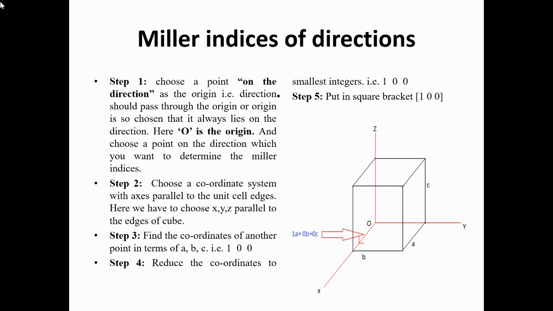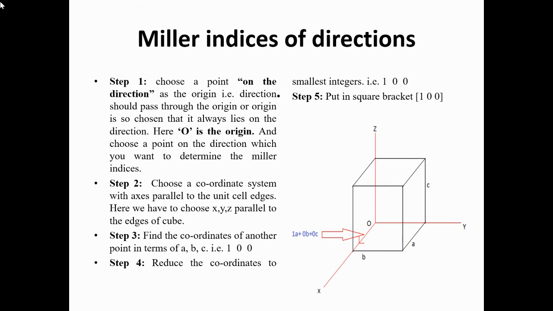So 1, 0, 0 means it is the positive x-axis and it can also be the negative x-axis. All the parallel directions of this x-axis within the cube have the same Miller indices. I repeat, this direction represents only the orientation, not its position nor its sense.